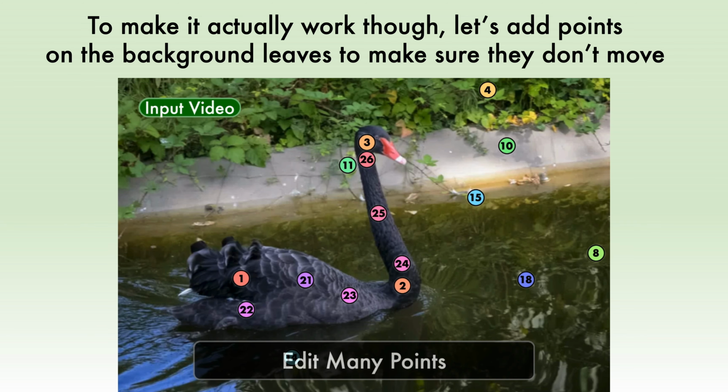I2V models just wouldn't be able to do this because every single frame in the video is different. Any model that requires any part of any frame to be the same won't work with this type of edit.